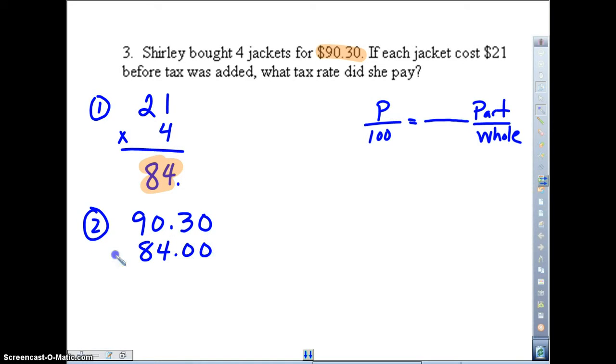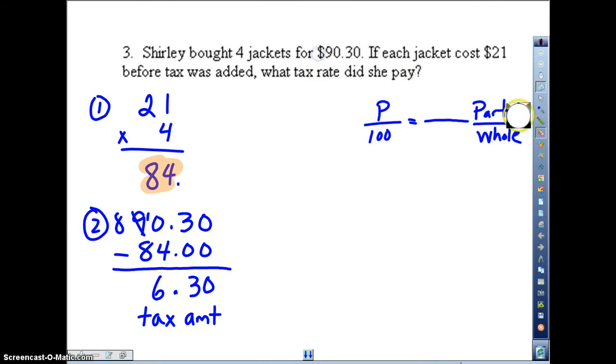I'm going to take the $90.30, the number that has tax in it, and subtract $84, the number that doesn't have tax in it. When I do that, $6.30 represents what? That's the amount of tax that was added onto the $84 to come up with our final amount of money we have to pay.